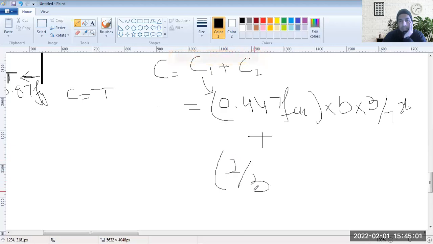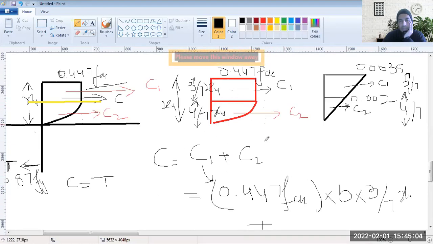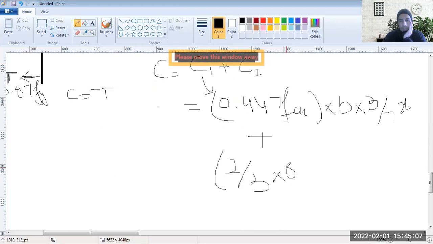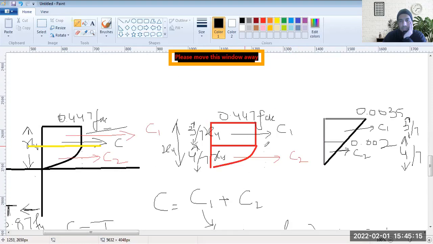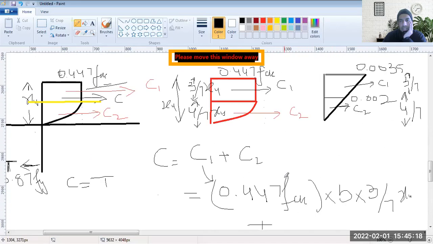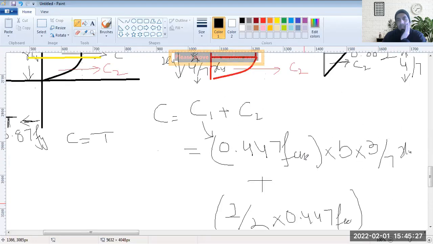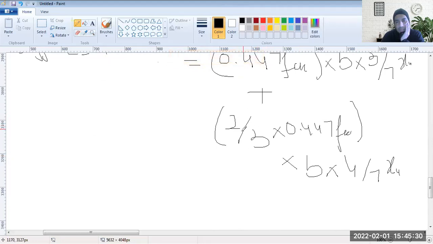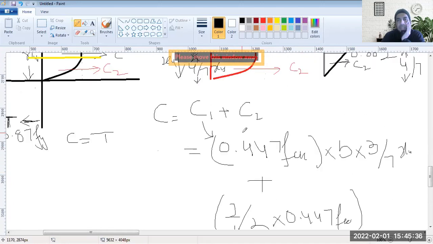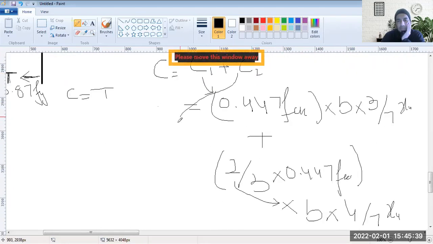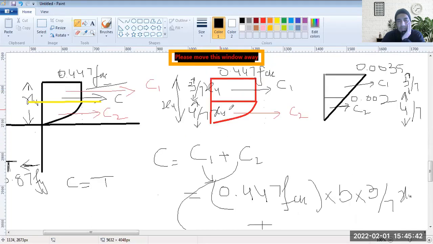It will be 2/3 of your stress, which is again 0.447 FCK, into this B again, and then not 3/7, this is 4/7 of XU. This 2/3 should be here, multiplied into this, but it makes no difference whether you multiply it inside or outside. So this is your C2, the compression stresses in this parabola.